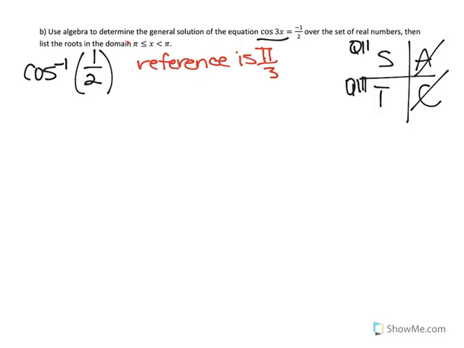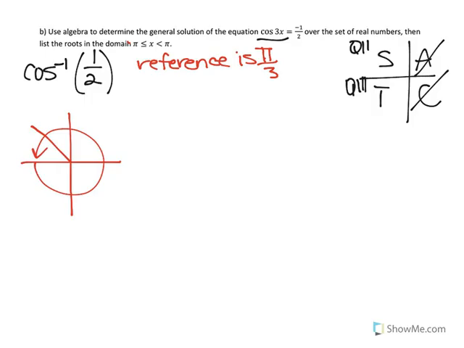Let me bring up the unit circle again. Actually, we don't need it. So that means that we're going from, we can have it in this quadrant because it's in quadrant 3. From negative pi to pi is that circle.